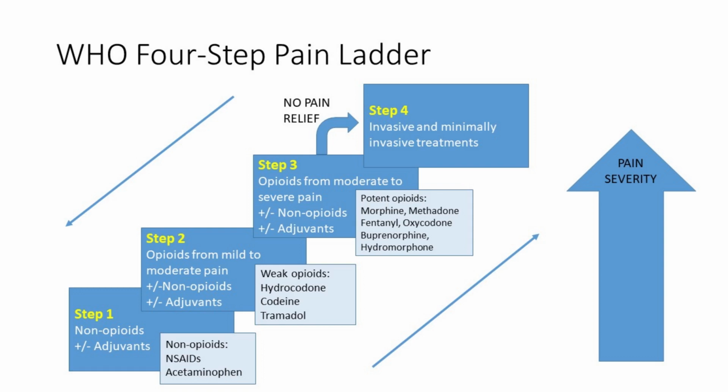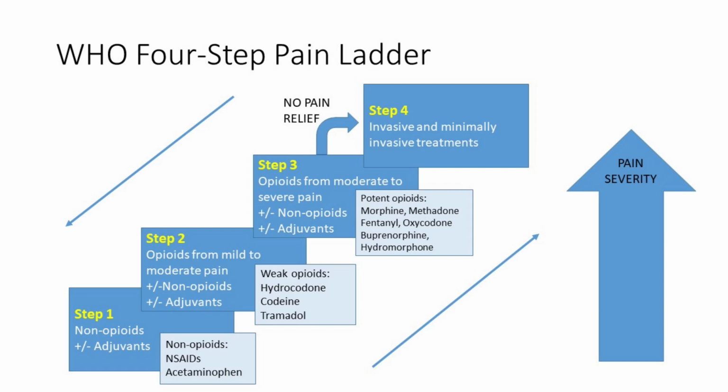The key concept of the ladder is that it is essential to have adequate knowledge about pain first of all. Then you need to assess the degree of pain. Only after that can you prescribe appropriate medications. And this updated 4-step ladder, as you can see on this slide, focused on the quality of life predominantly.